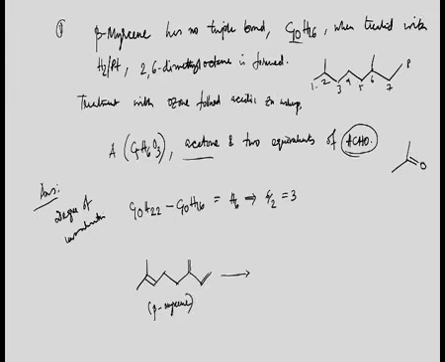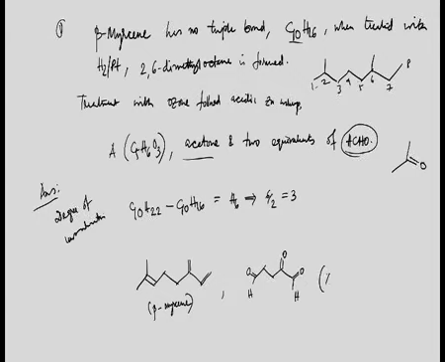And now, what will be the structure of A? This will be beta myrcene. The structure of A will be, if you do the ozonolysis here, you get the aldehyde, here you get aldehyde, a keto, and here you get aldehyde.